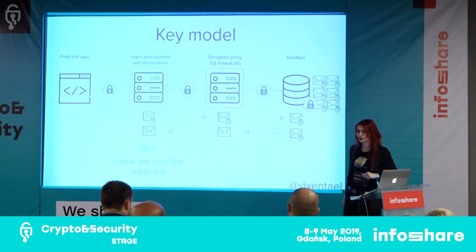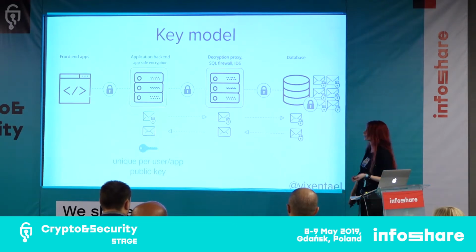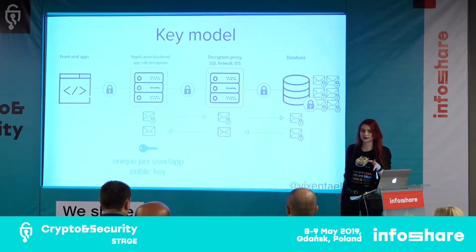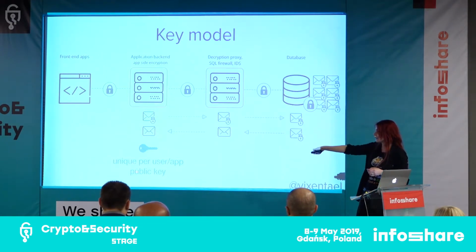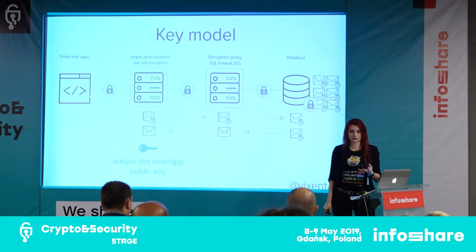And now answering your question, the key model. This is a hybrid encryption scheme. The application side only has the key to encrypt the data, which is the public key of the decryption servers. So the application can't decrypt the data. That's super important.